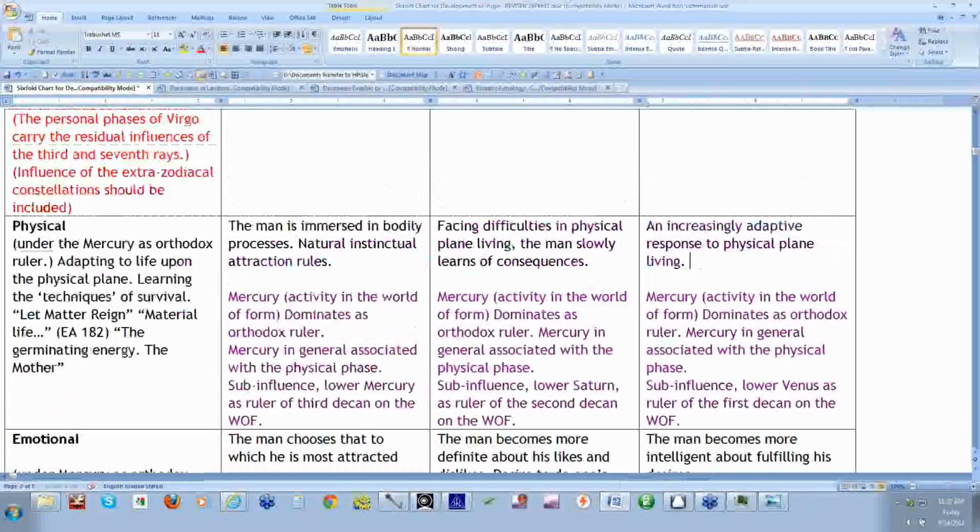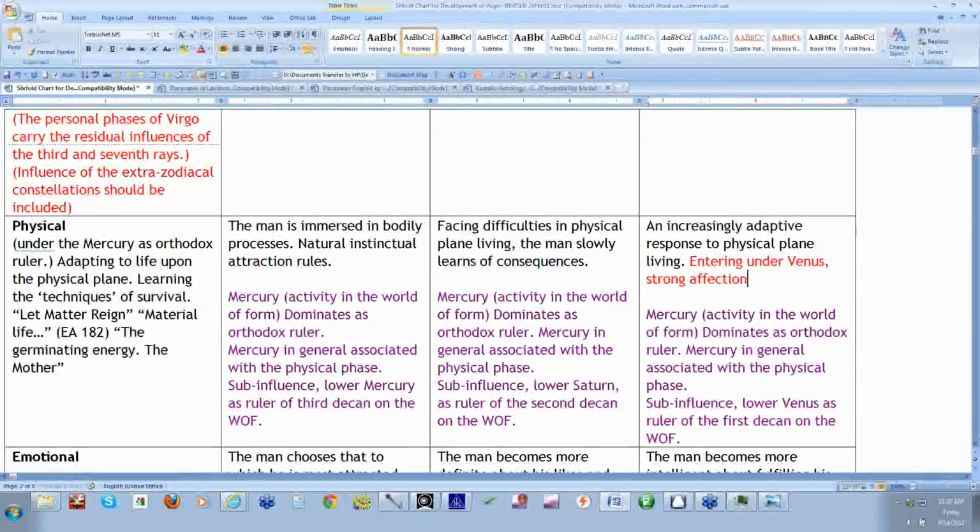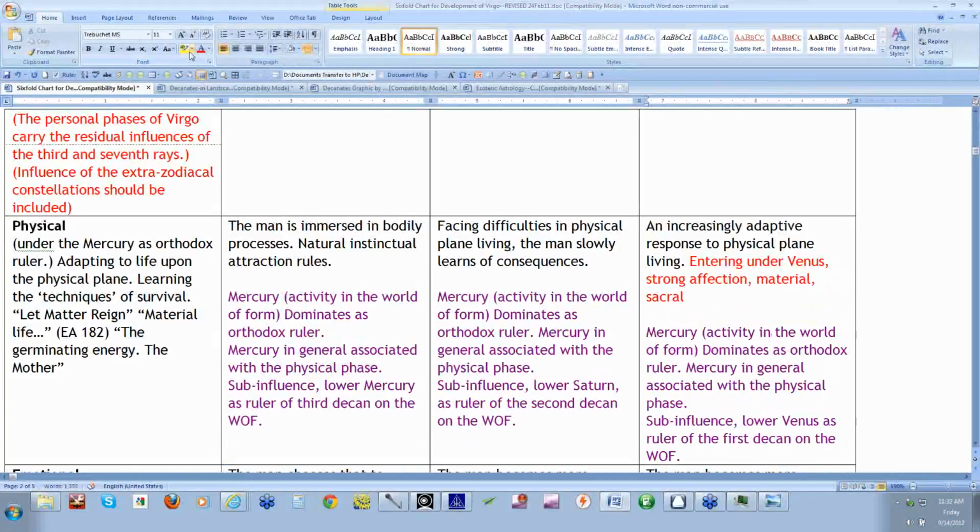But I want to say here, let's put it in red, entering under Venus, we would have a strong affectional, material, sacral attraction.